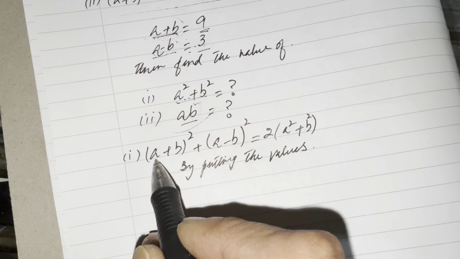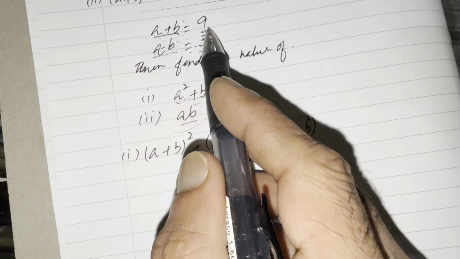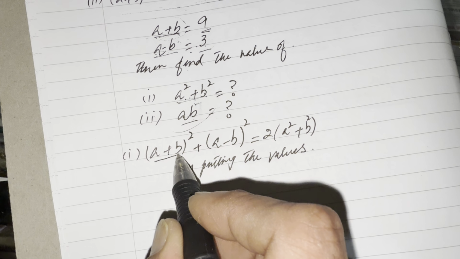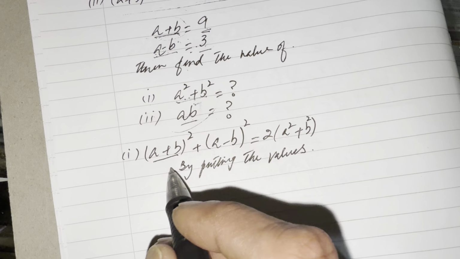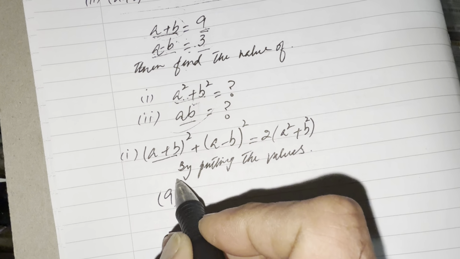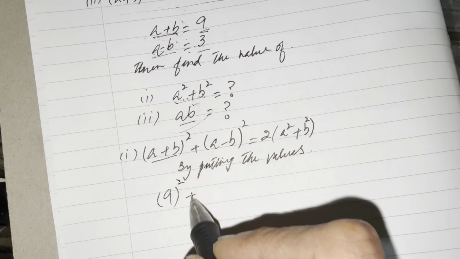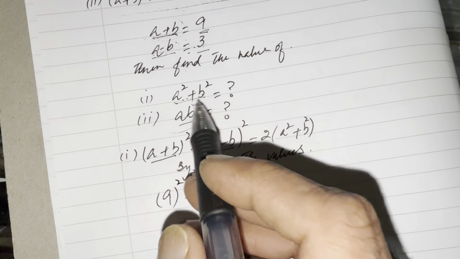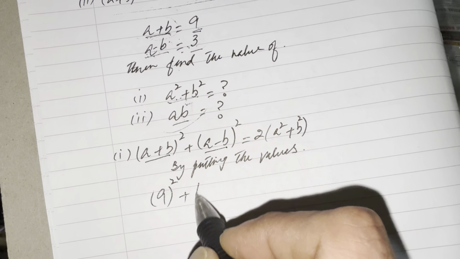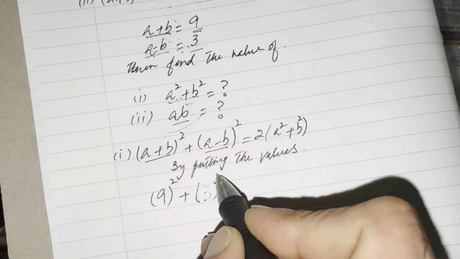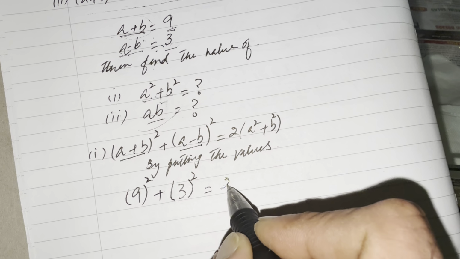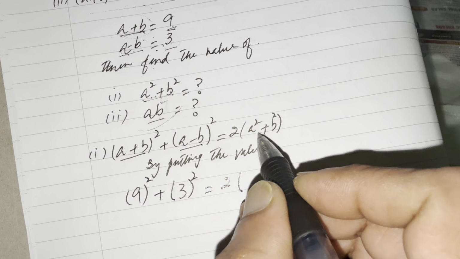आपको a plus b given है, a plus b is equal to 9. So we will put 9 in the place of a plus b. So यहाँ पे 9 होल स्क्वायर आ जाएगा प्लस (a माइनस b)। आपको a माइनस b गिवन है, सो a माइनस b की जगह पे आप 3 रख देंगे और वो स्क्वायर ऊपर आ जाएगा, इज इक्वल टू 2 into (a square plus b square).